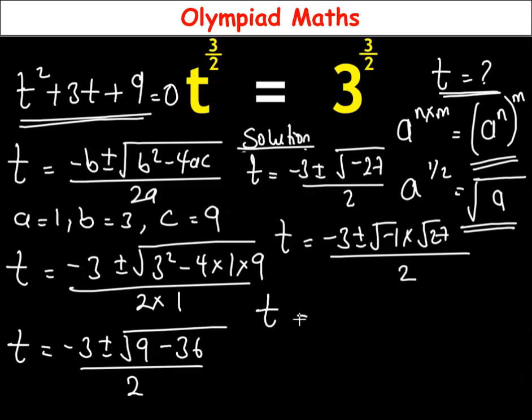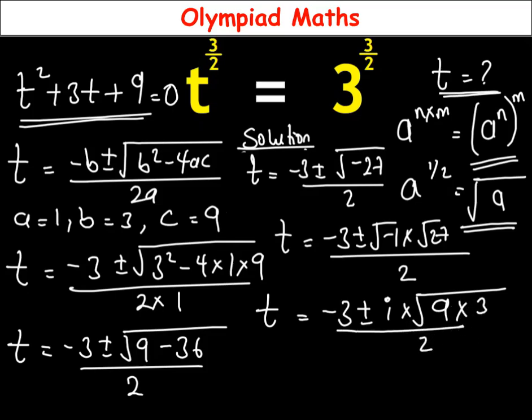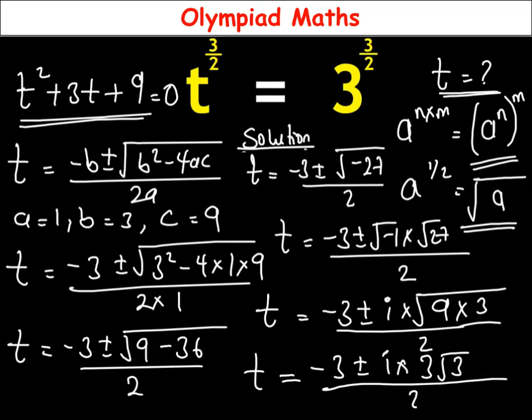Next, t is equal to minus 3 plus or minus square root of minus 1 is i, times square root of 27, which can be written as 9 times 3, all over 2. So with this, t is equal to minus 3 plus or minus i times square root of 9 is 3, then we have square root of 3, all over 2.